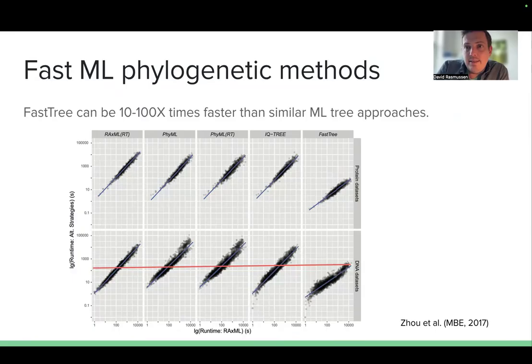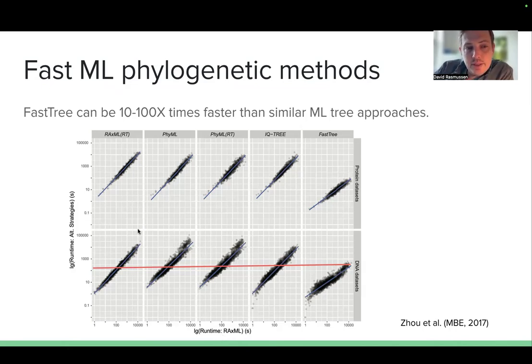So in this analysis by Zhou et al., they looked at the run times that it took to obtain maximum likelihood trees for data sets of different sizes. And here the run times of these different algorithms are compared against the runtime of RAxML as a reference data point.